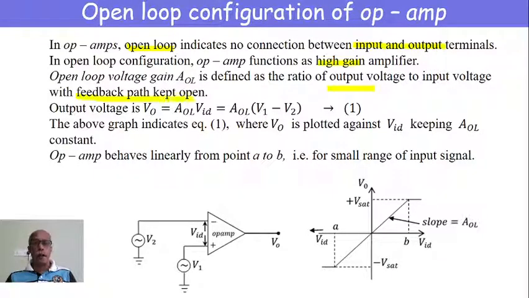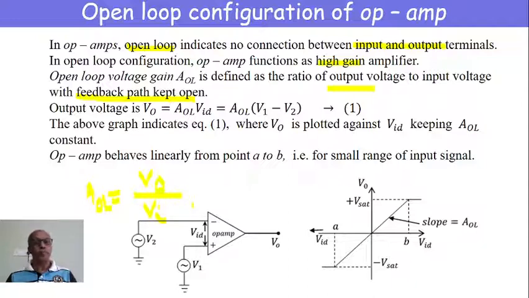The ratio of output voltage, that is VO by VI without any feedback, is called open loop gain, that is AOL. AOL represents open loop gain, the ratio of output voltage to the input voltage without any feedback, or the feedback path is kept open.